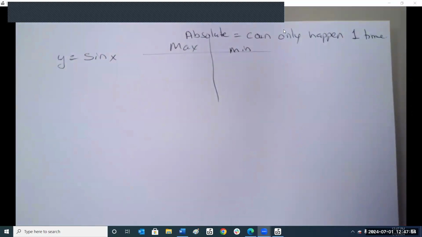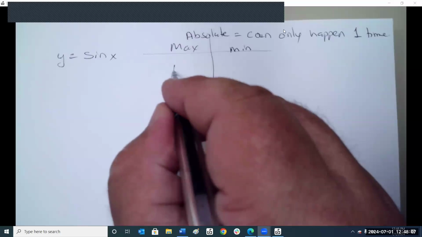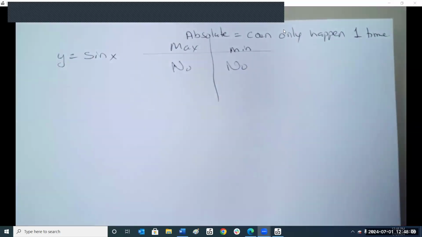Yes. Right, it's periodic. You have multiple relative extrema, positive and negative one, but there's no absolute, because if it happens more than once, then it's relative.